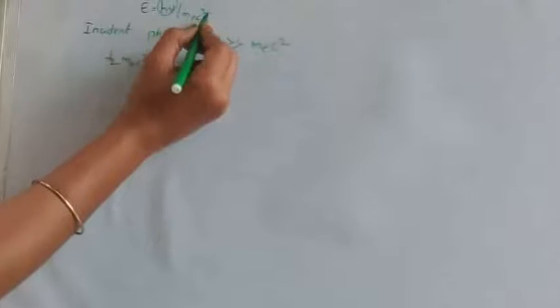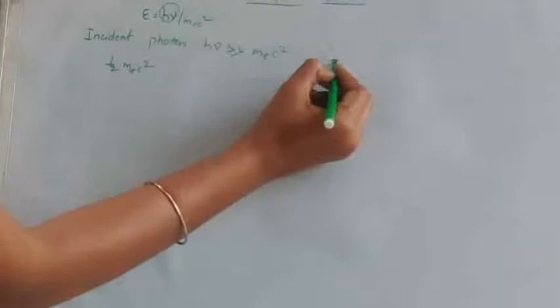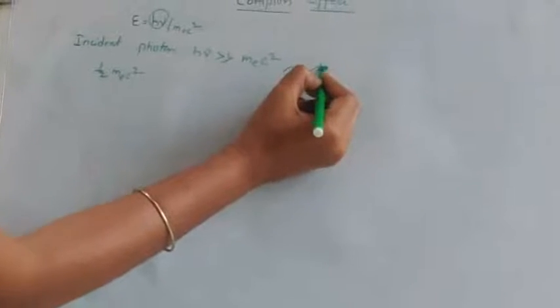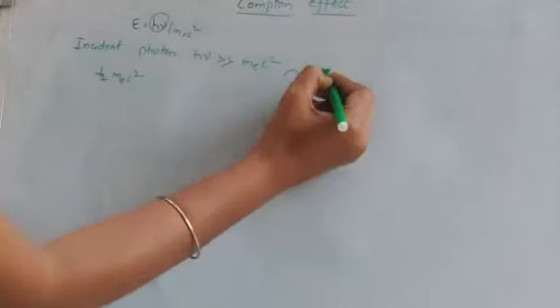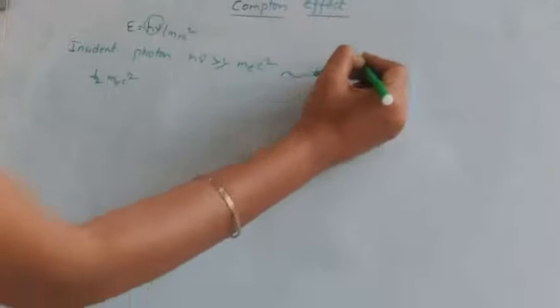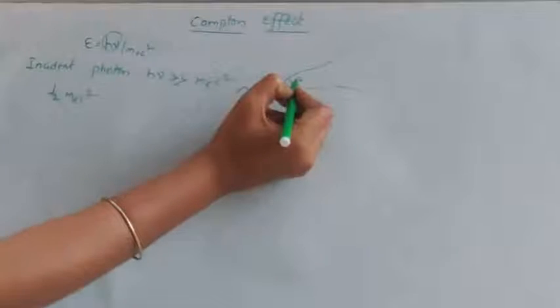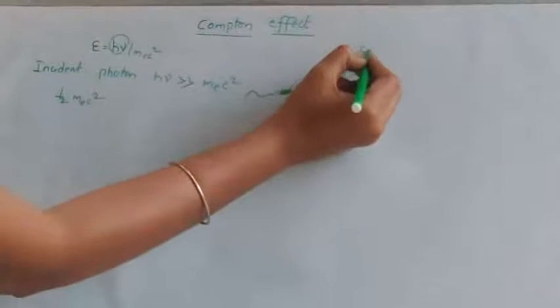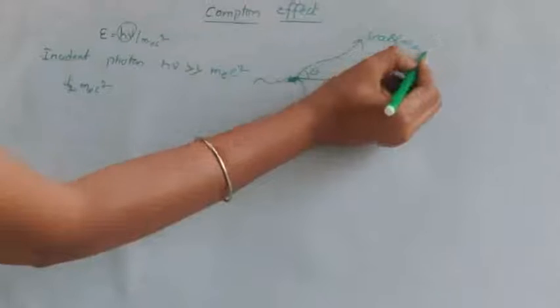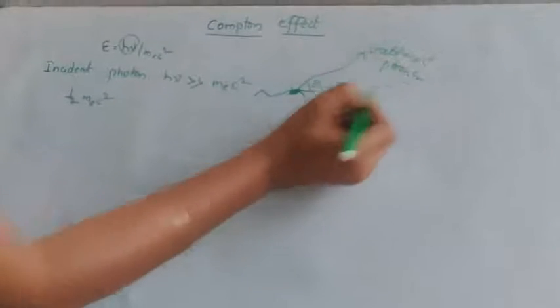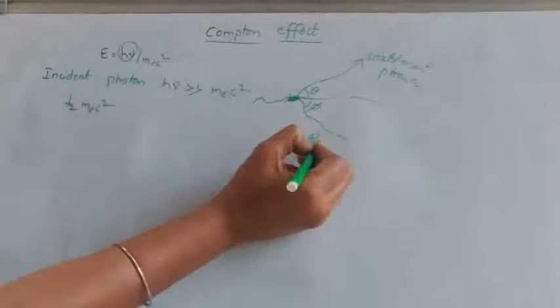That means if the incident photon energy h nu is greater than m e c square, then what will happen? As I have said, when photon energy is incident on the free electron, the electron scatters with some angle and the incident photon is also scattered with some angle. Now we have considered in the diagram, theta is the scattered photon, and phi represents the recoil electron.